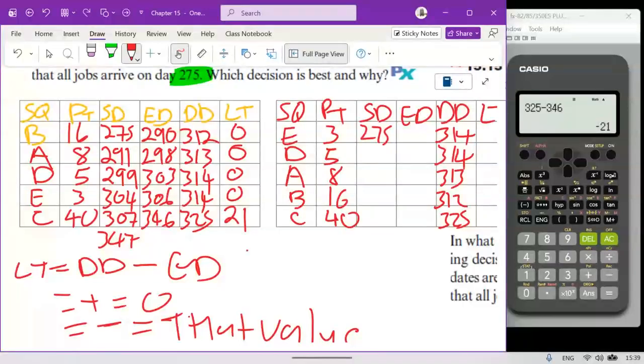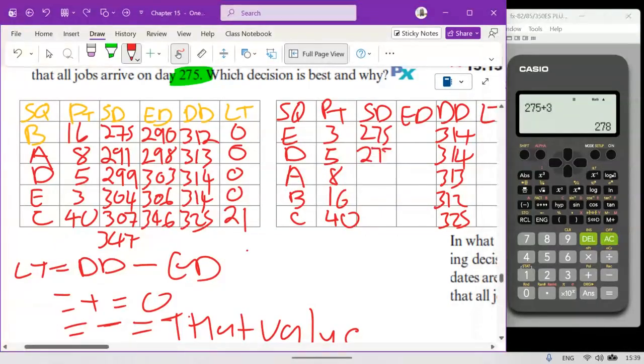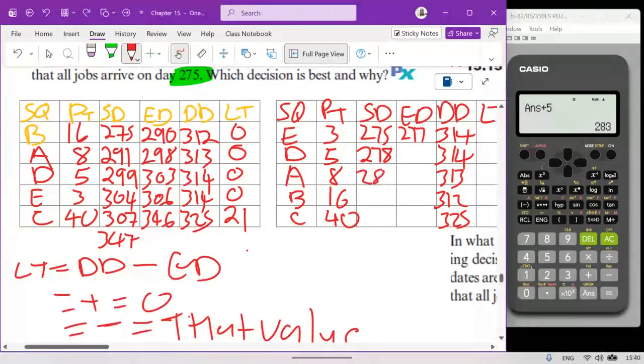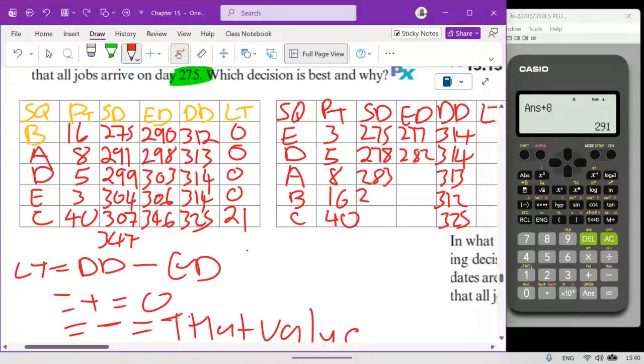275 plus 3, you get 278. Then 277. Then plus 5, you get 283. Then 282. Then plus 8, you get 291. Then 290.